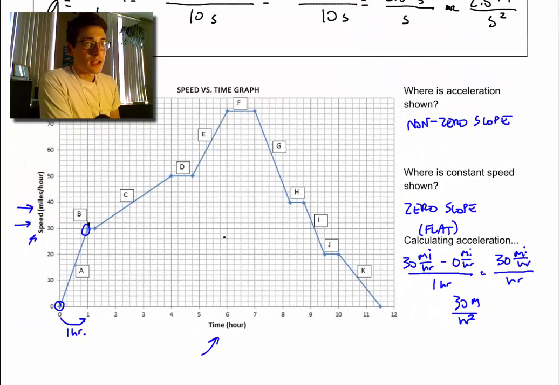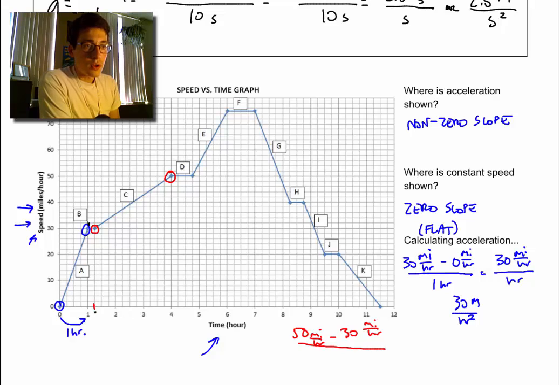I'm actually going to do a second one. So let's look at our acceleration for line C. We're going to start right here. Actually, let's do this one in red so we can see it visually differently. I've got my first velocity here, and my final velocity there. So this one is going to be 50 miles per hour minus my initial, which is 30 miles per hour, divided by our time.